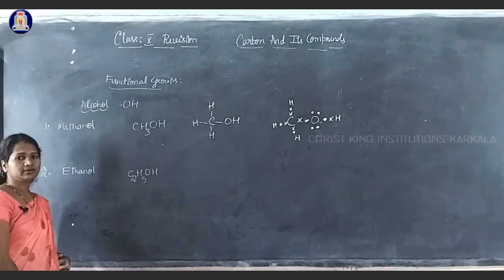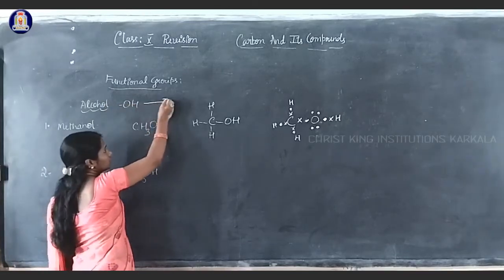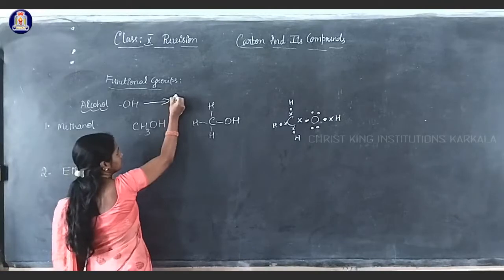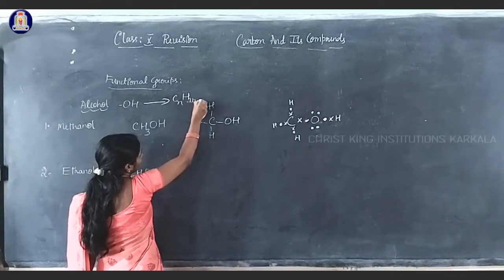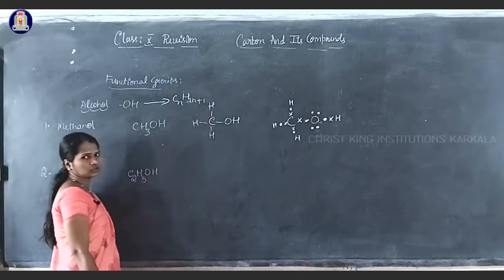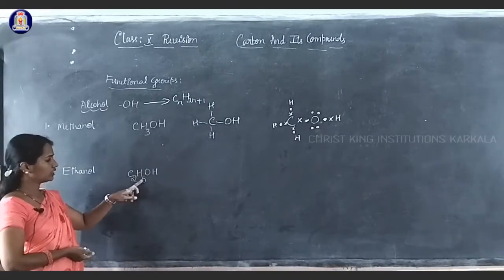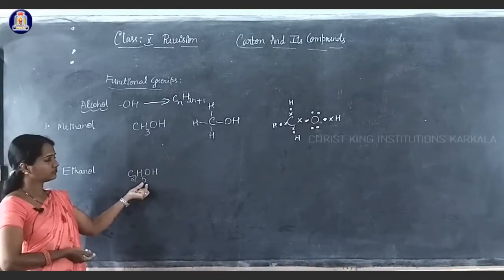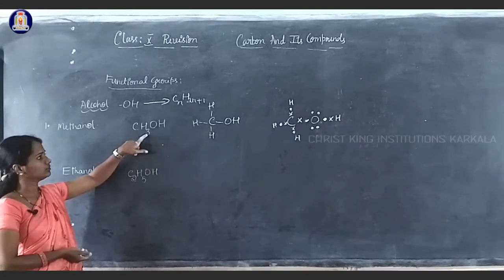So we can write a general formula for these alcohols. How can we write the general formula? I can write it as CnH2n plus 1. C2H5: 2 twos are 4, 4 plus 1 is 5. Here 1 two is 2, 2 plus 1 is 3.